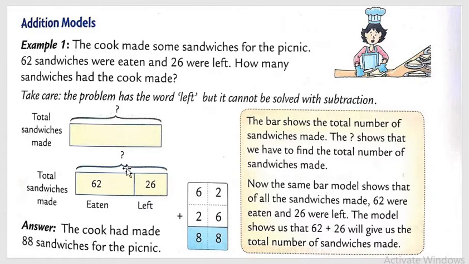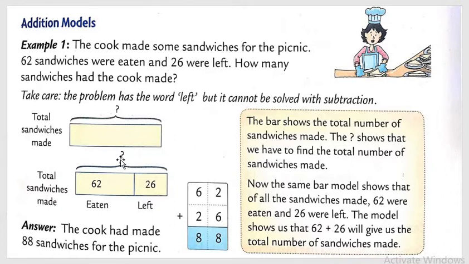Now some instructions, read and I will explain. The bar shows the total number of sandwiches made. The bar shows that we have to find the total number of sandwiches. You can see here this question mark.